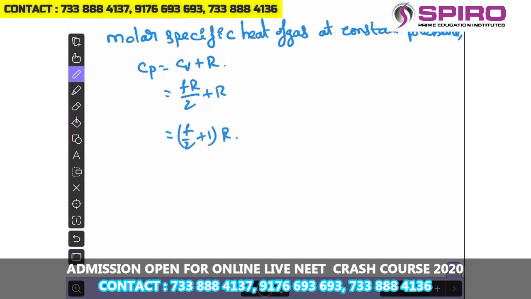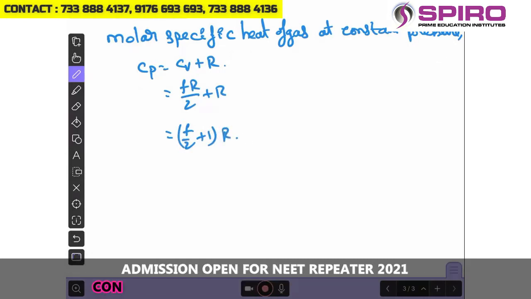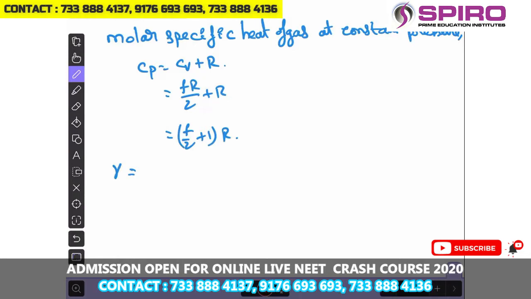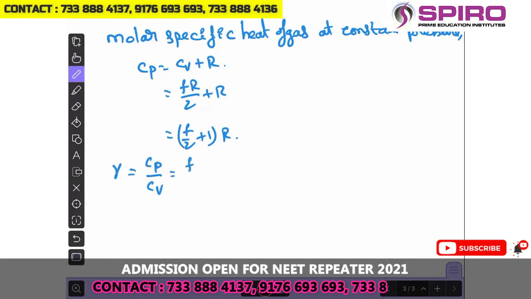And the adiabatic constant, the ratio of Cp and Cv, has a specific role in the chapter thermodynamics. That's why gamma is called the thermodynamic constant, and it is equal to Cp divided by Cv. What is the Cp? (f by 2 plus 1) into R divided by Cv, which is fR by 2.